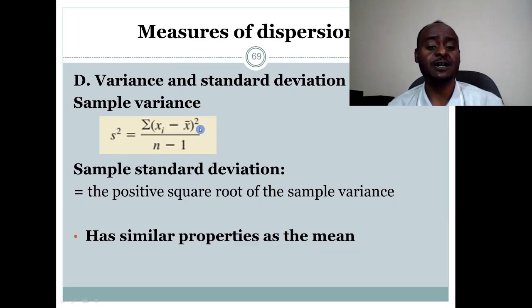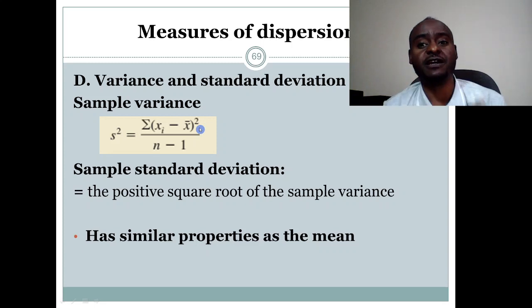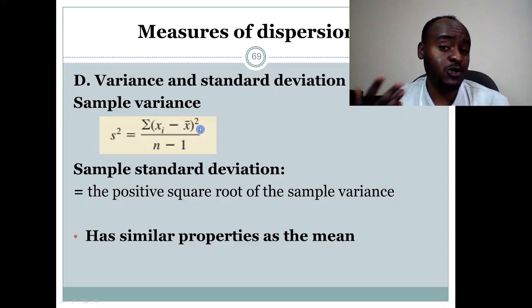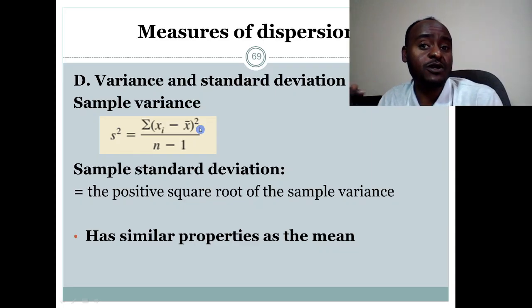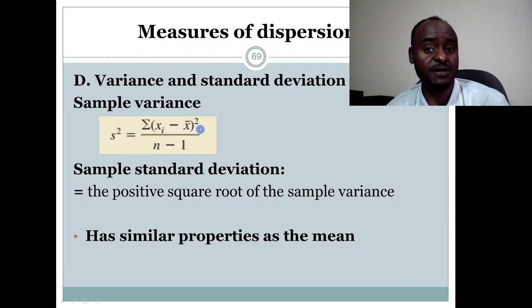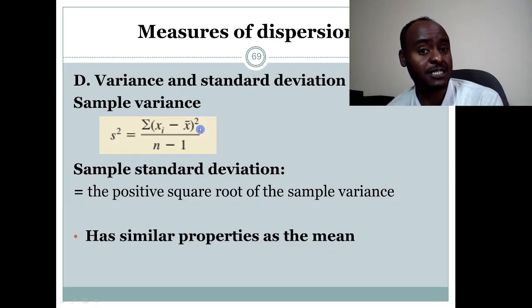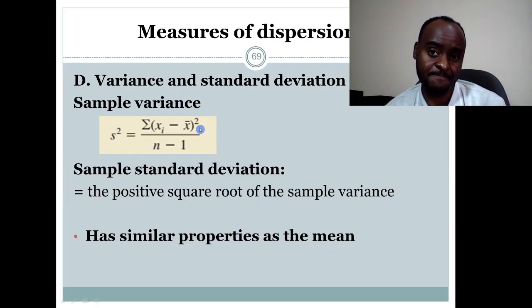In addition to that, sample variance is squared. If the unit of measurement of the data point is meter, for example, when we talk about sample variance, we are talking about the square of that unit of measurement. If it is meter, it is meter squared. If it is kilogram, it is kilogram squared. That is also another problem, because it's very difficult to make interpretations in that context.